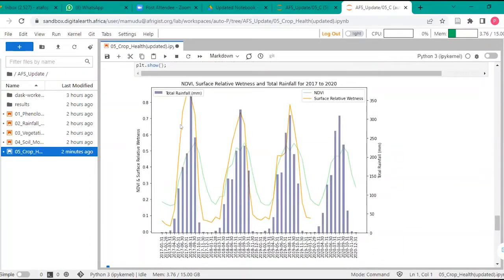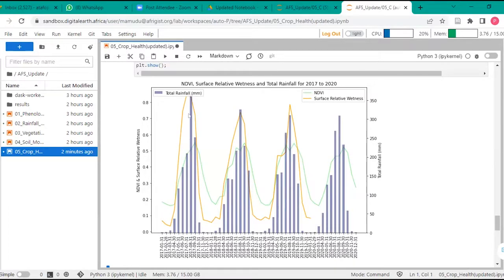We have the relationship between the total rainfall, the NDVI values in the green line, and the relative surface wetness in the yellow line. Now we can clearly see at what times of the year, between 2017 and 2020, when we had low NDVI values, and those corresponded to the times when we had low surface wetness as well as low rainfall.